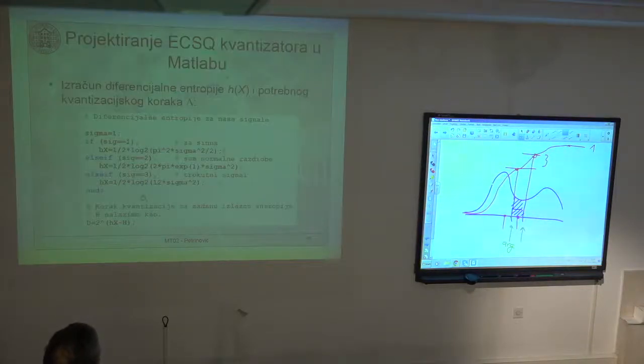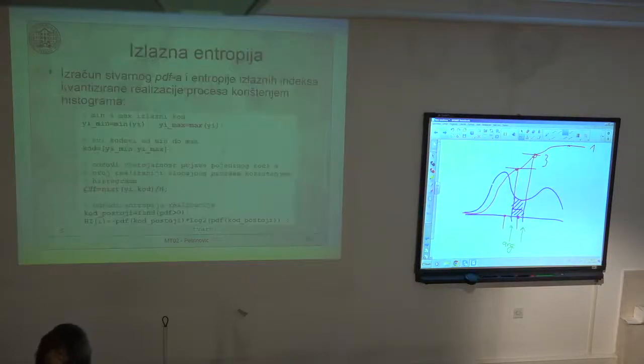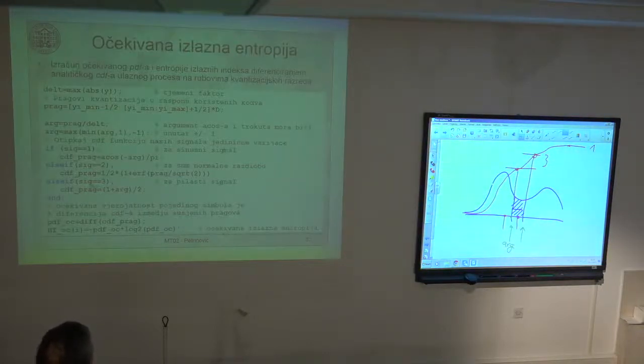And for that reason, this empirical probability, this PDF based on the histogram of the observed symbols, is different from this expected PDF derived from the theoretically described CDF of the process.